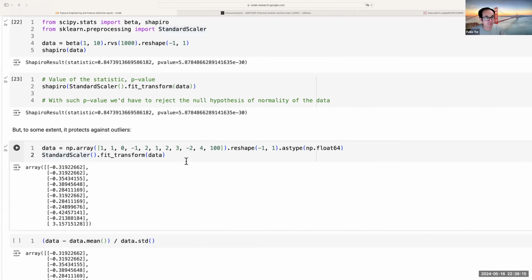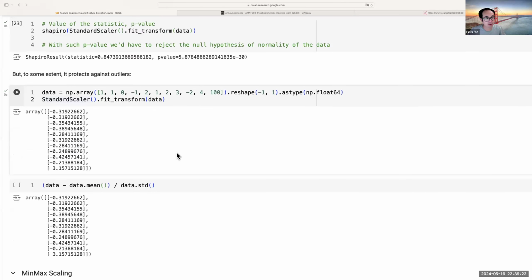This also protects against outliers. For example, right here we can use the standard scaler to fit and transform a data set that has one outlier at 100. That means 100 is going to map into 3.15, while the others are mainly concentrated around minus 0.3.